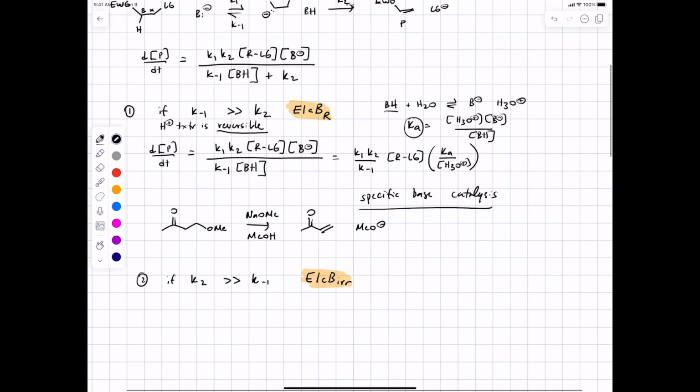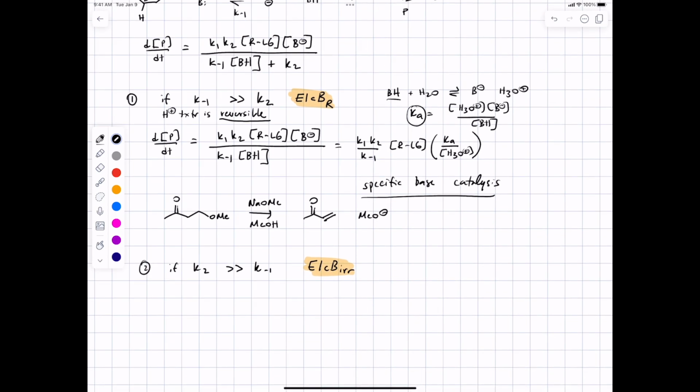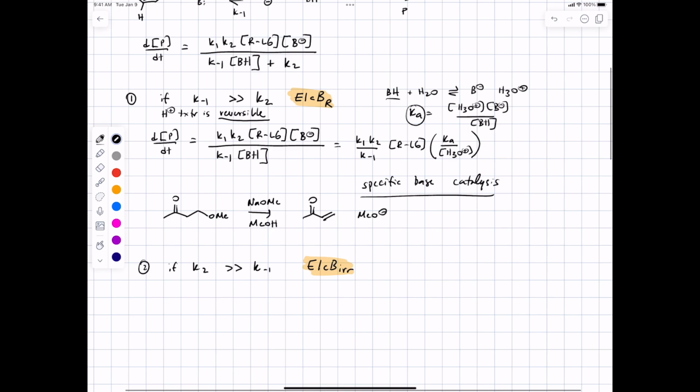And if you go back to our steady state approximation, if K2 is much faster than K1, then our overall equation should simplify to this, where we just have K1 times R times the leaving group times the concentration of base.